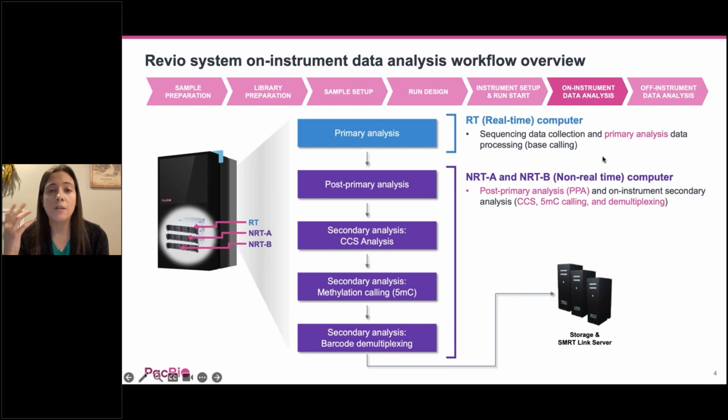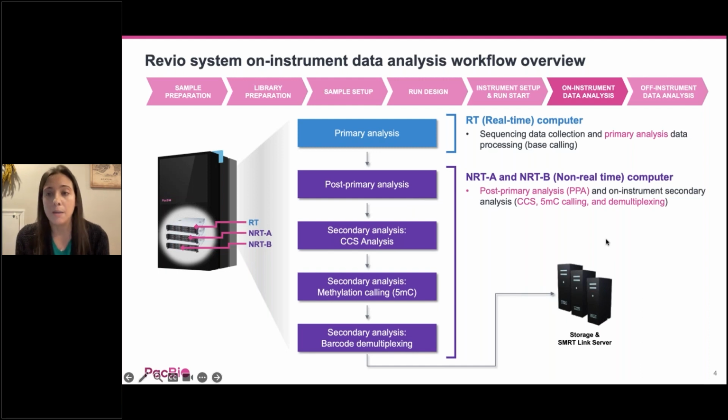There are 3 different computers on the Revio system. One is called the real-time or RT computer. This is where sequencing data collection and primary analysis data processing occur. That's the actual base calling that's happening during the sequencing in real time. Then there are 2 other computers called NRTA and NRTB.